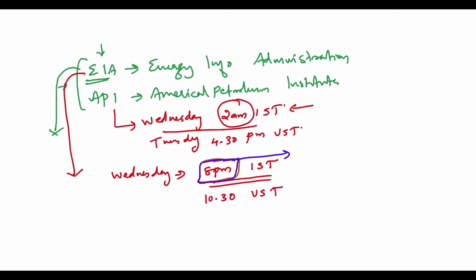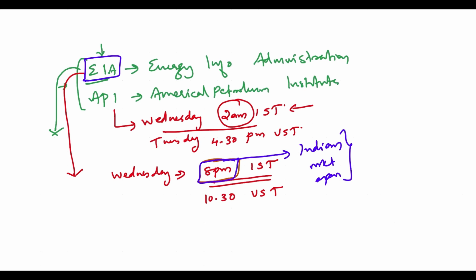This is the time where we are trading. Our market is open. Indian market is open. So which is more important for us? EIA data is more important for us to take the trade. Once the data comes, you have another 2 to 3.5 hours while the market is open. So you will be able to get good volatility also. And based on levels, CPR, other indicators, you will be taking the trade from this data.